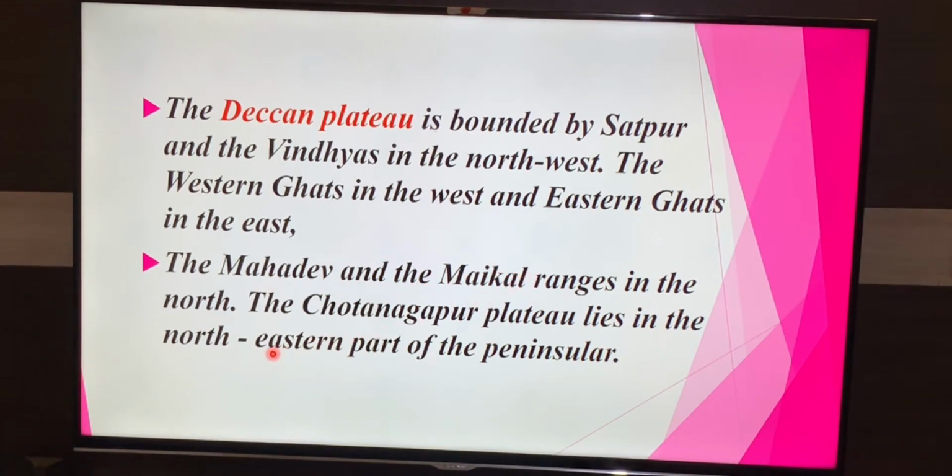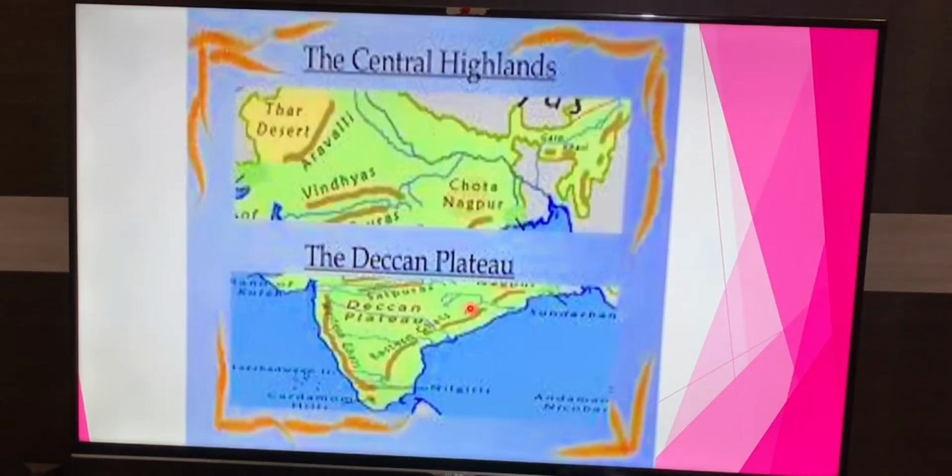In the northeastern part, Chotanagpur Plateau is located. Deccan Plateau is bounded by Vindhya Range and Satpura Range in the northwest, Chotanagpur towards the northeast.